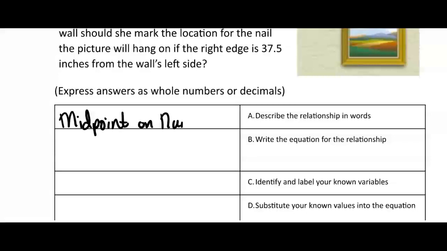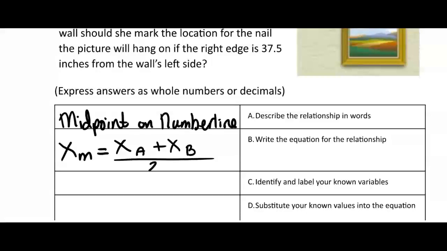This is a simplified version of what you'll do in tonight's video. Okay. Our equation: the x-coordinate of that midpoint, M, is equal to the x-coordinate of our A point plus the x-coordinate of our B point divided by 2. It's just the average of the two values.